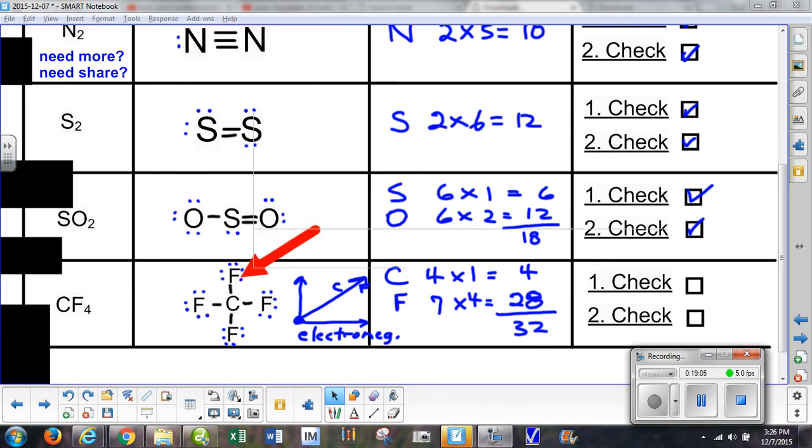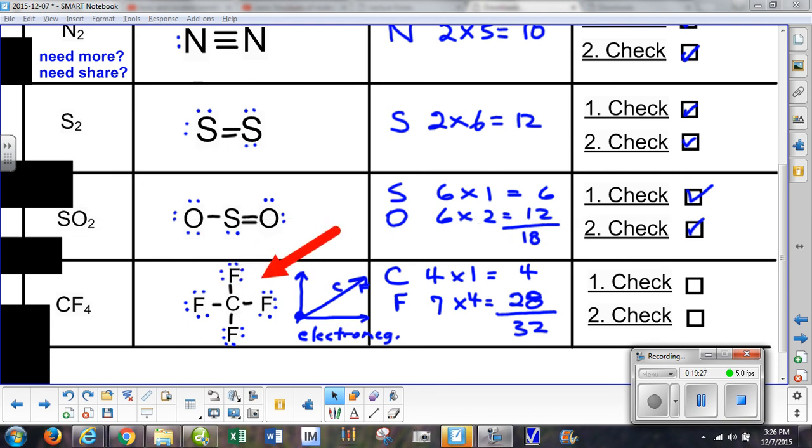I have 2, 4, 6, 8. And aren't all the fluorines exactly the same? They all have a total of 8 electrons around them. 2 of them are bonding electrons, and the rest of them are what we call lone pairs.